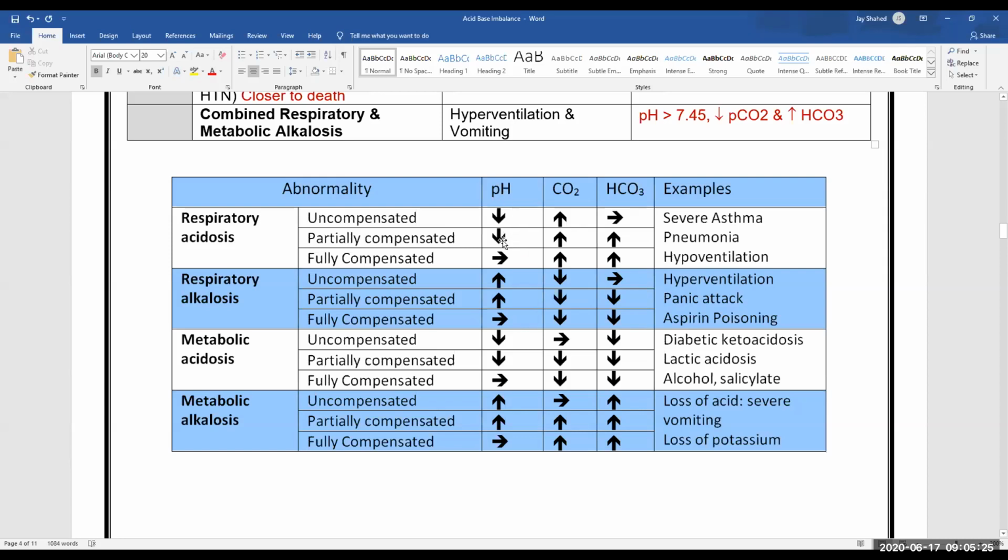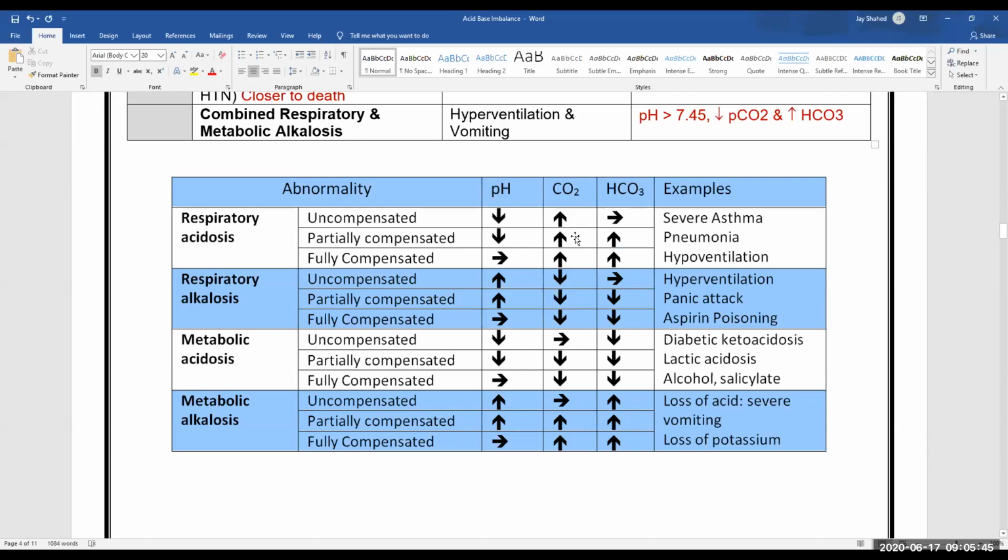Now, partially compensated, what would that be? The pH is lower than 7.35, and we know it's respiratory because the CO2 is up. Now, partially compensated, the HCO3 will go up also, along with it.